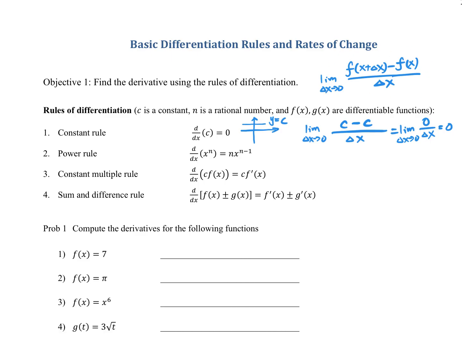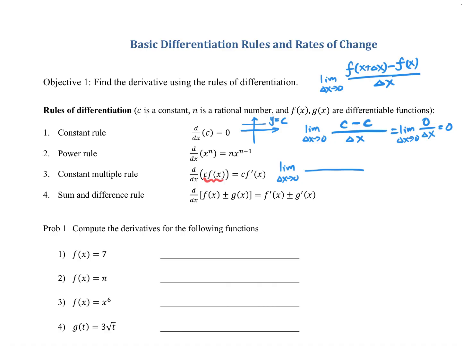So now, in this case, this is actually our function, right? C times f of x is the function. So using the definition, we should evaluate this function at x plus delta x.